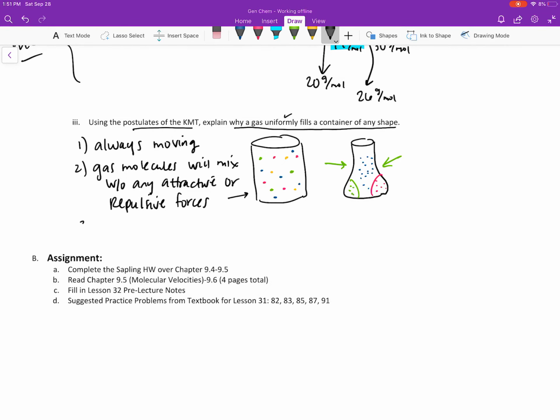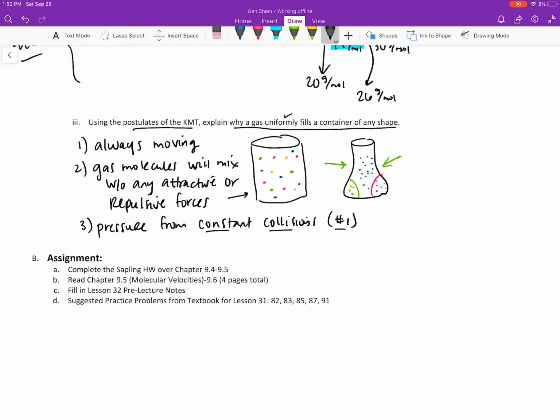So the third one is that the pressure that the container is under occurs from constant collisions, which really goes back to number 1, that they're always moving. So the pressure from constant collisions is a result of number 1.